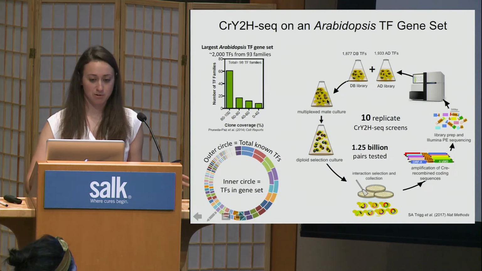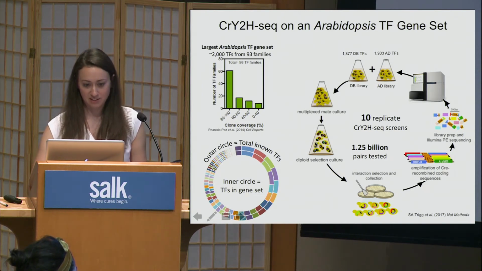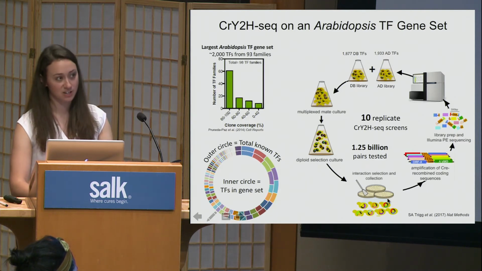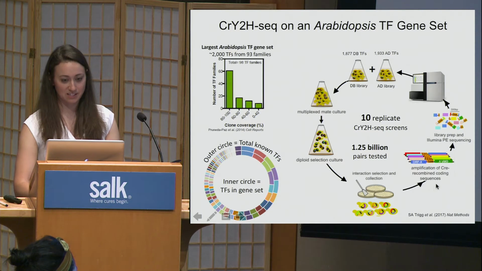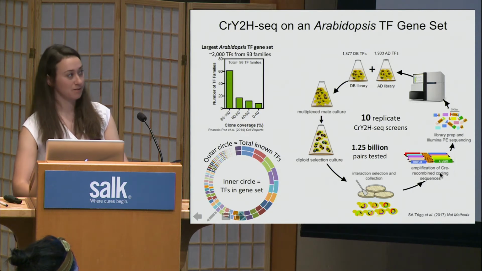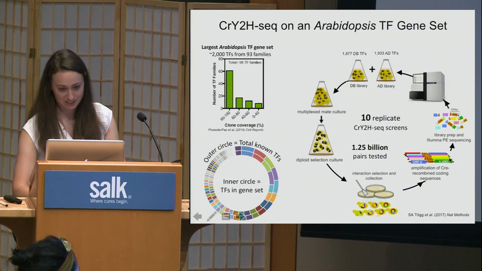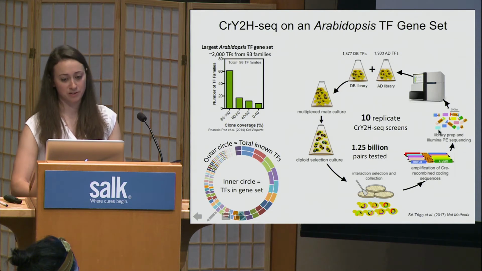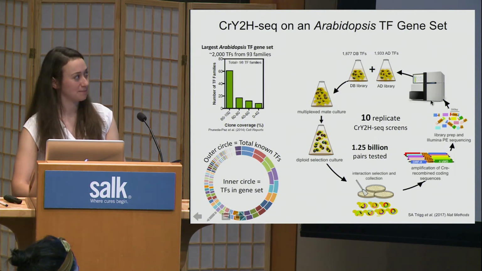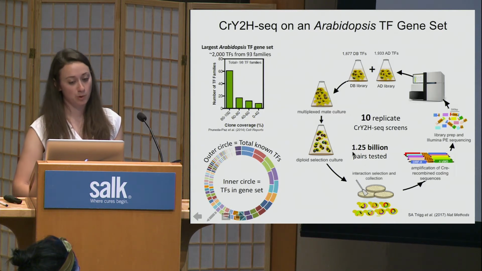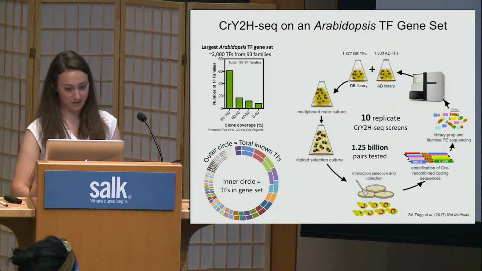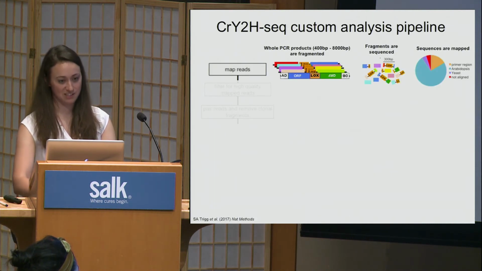I mated the libraries together, selected for cells that had 2 plasmids in each cell, and then selected for cells that had interactions. Did the plasmid isolation, amplified the Cre recombined coding sequences, and performed an Illumina library prep and sequenced it. And I did this whole process 10 times, which tested about an estimated 1.25 billion protein combinations.